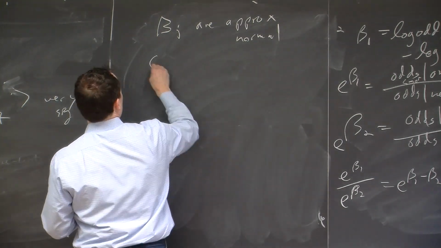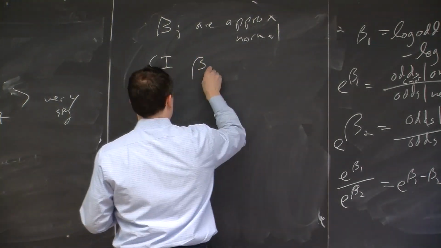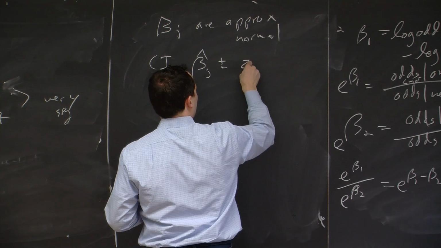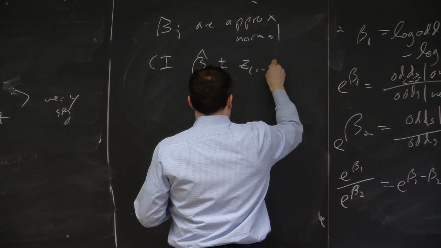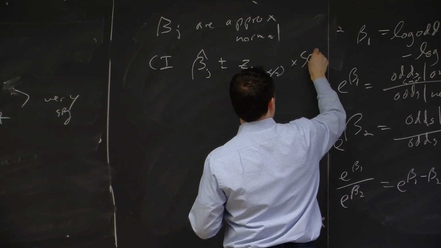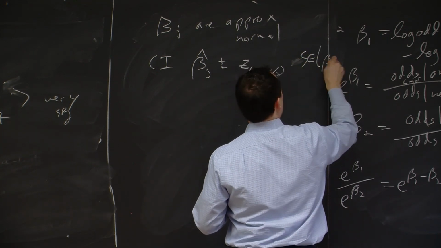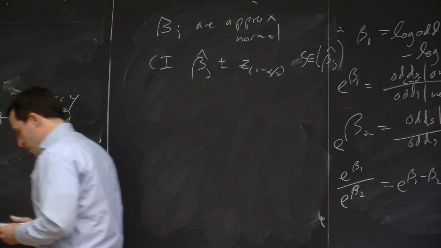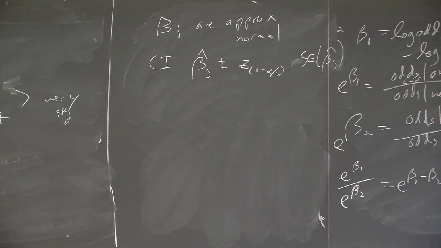And so we can get confidence intervals, beta j hat plus or minus our critical term times the standard error for beta j, which will get output by the test. And you can test each one individually. And that test should give you the same answer as the G-squared in terms of whether or not it's significant.